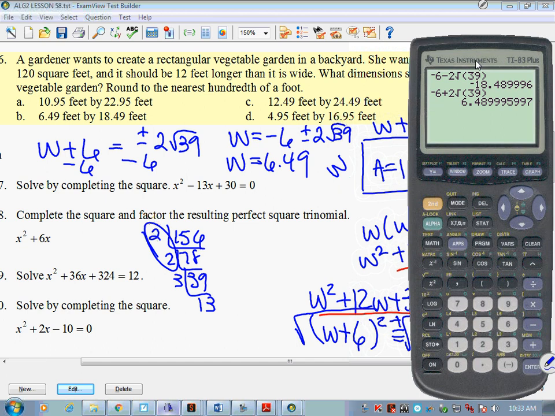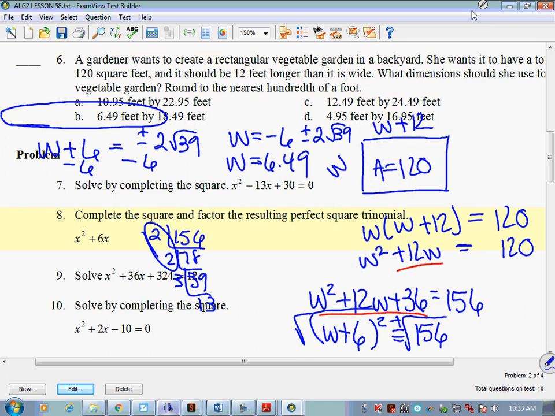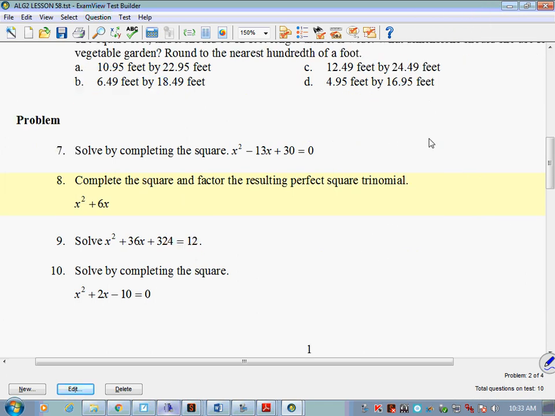Then what is the length? 18.49, because all I'm doing is adding what? Adding 12, because they said my length was my width plus 12. So 6.49 plus 12 is 18.49. We get that? Great. You might see that question on a test.